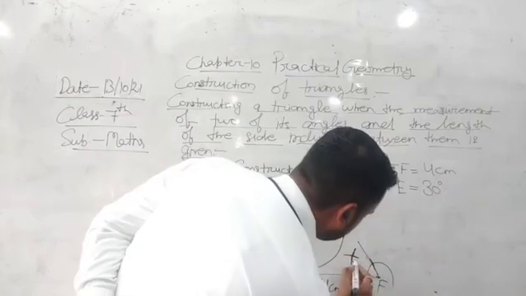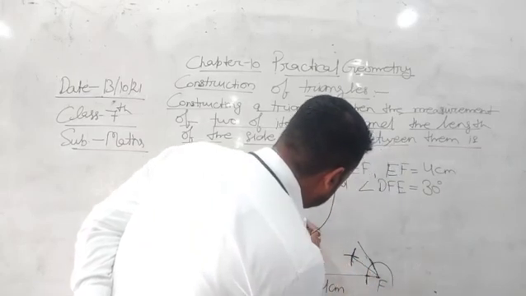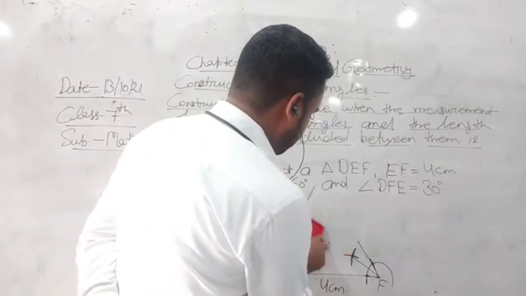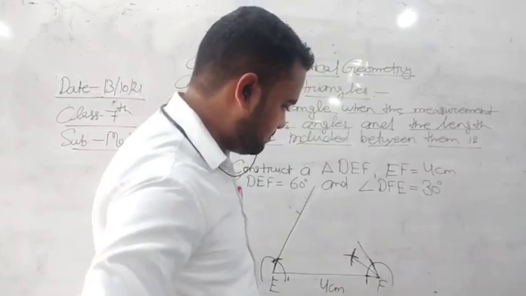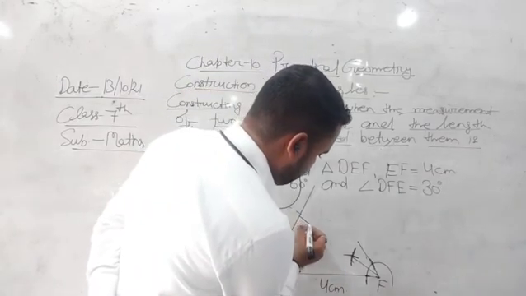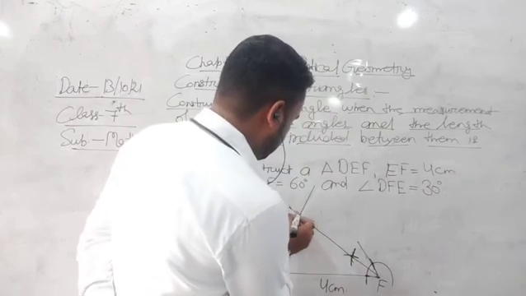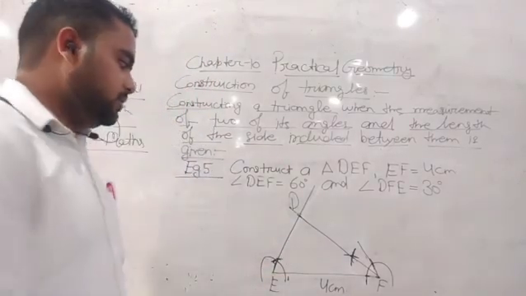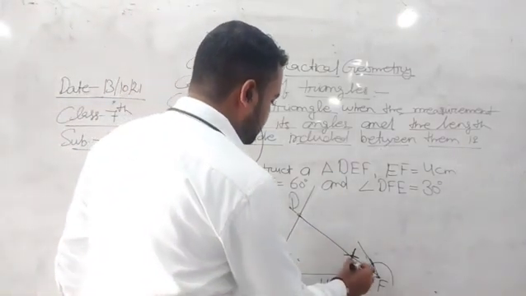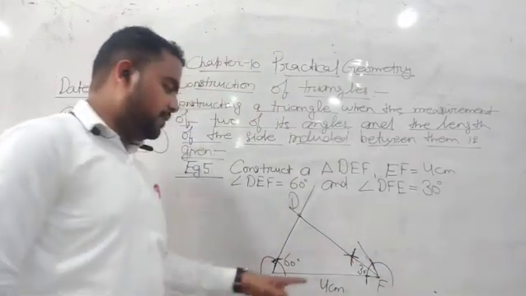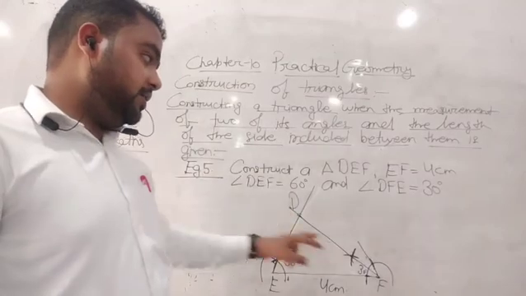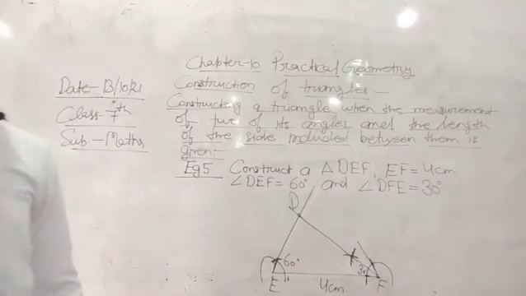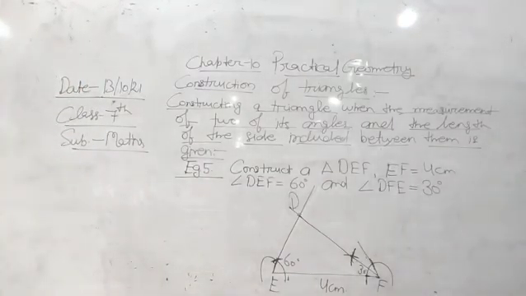And when you join these 2 points, here is your intersecting point, name it as D. Now here is your triangle DEF, in which angle DEF is 60 degree and angle DFE is 30 degree and side EF is 4 centimeter. Note it down.